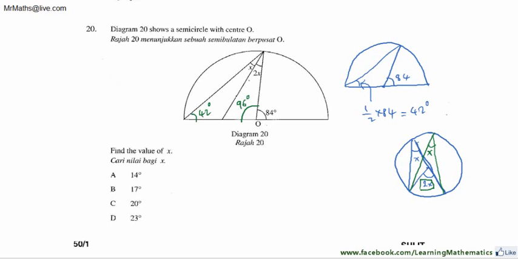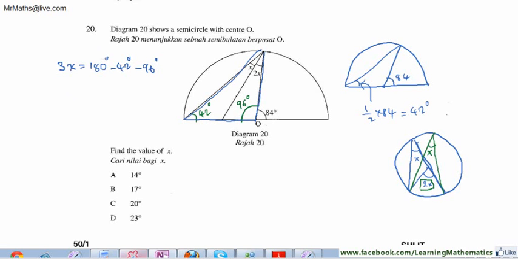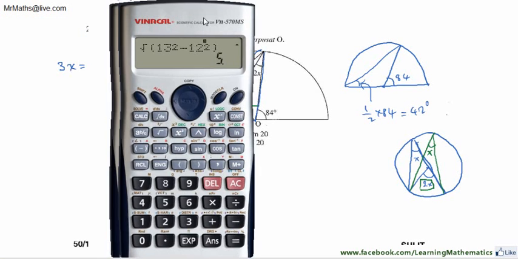And then what about 3x? Because that forms a triangle of angles 42, 96, and then 3x, 3x is 180 minus 42 minus 96. Use your calculator.